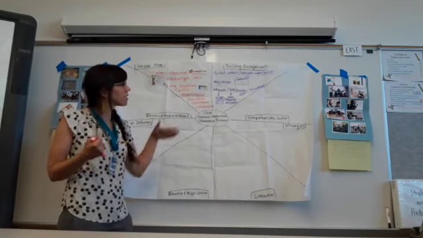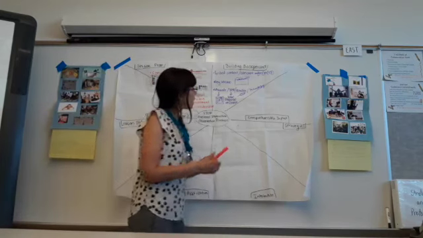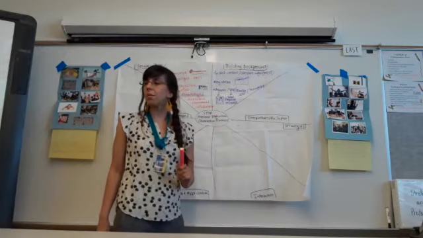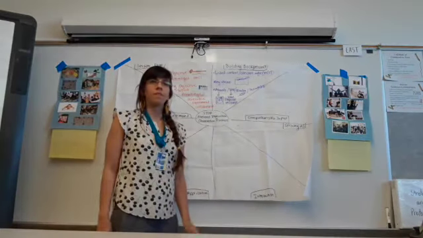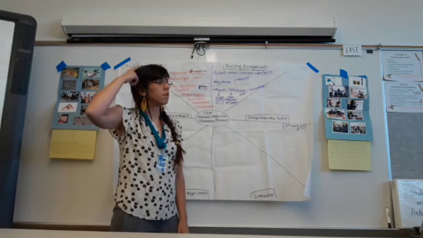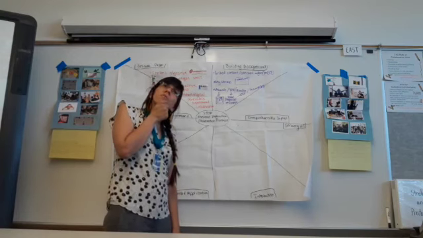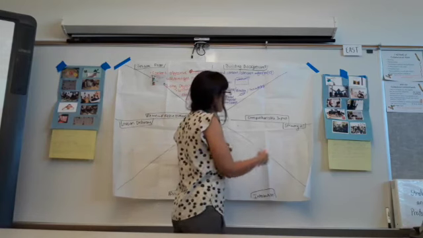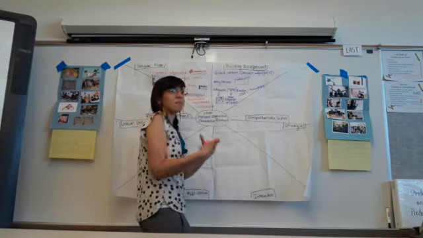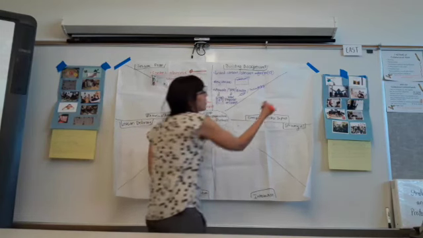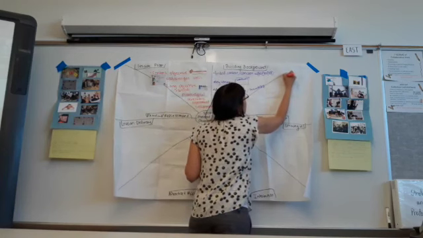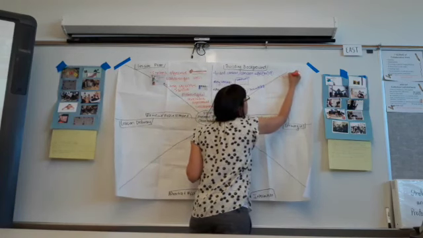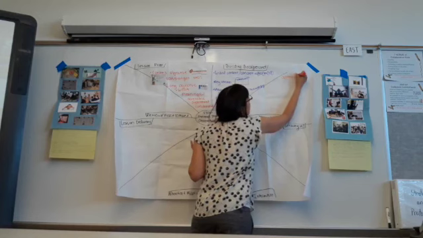Let's keep moving. Next we're going to talk about comprehensible input. Say comprehensible input. Say comprehensible. When we give students comprehensible input, meaning we want them to understand and have access to it, we need to make sure we're using appropriate speech. Say appropriate speech.